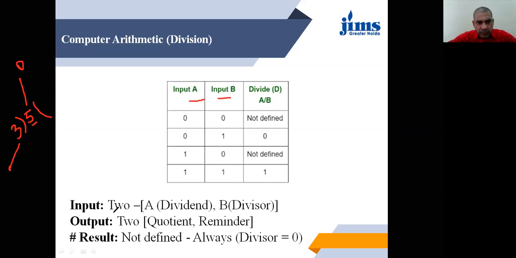There are two inputs A and B, where A is dividend, in this case 5 is A, and divisor, that is B. So this is B.